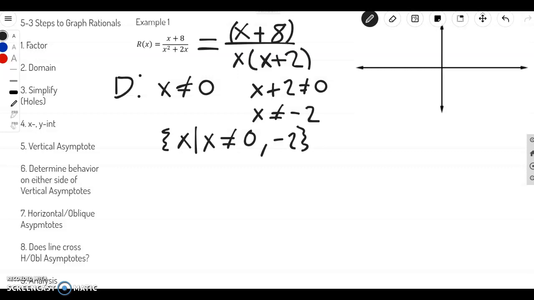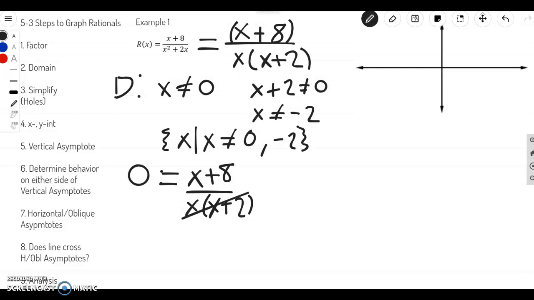Step number 4, we're going to find the x-intercept and the y-intercept of this equation. Let's start with our x-intercept. Our x-intercept is found by plugging in a 0 for y and then solving for x. So we have 0 equals x plus 8 over x times x plus 2. To solve this, I would multiply both sides by x and x plus 2, or think of it as cross multiplying.